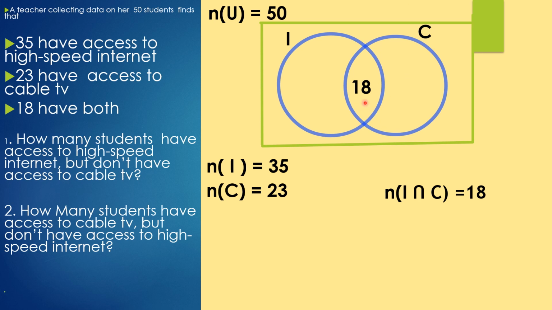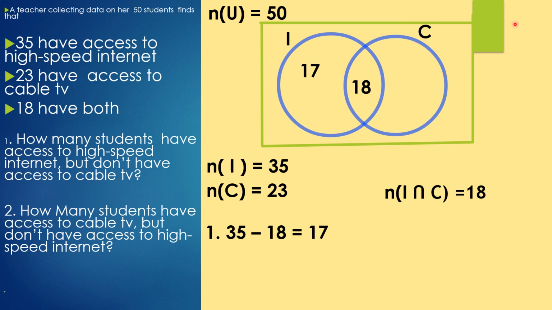So they are not included. Which means, in order to solve that, 35 minus 18 is equal to 17. So that's the answer for question number 1. 17 students have access to high-speed internet but don't have access to cable TV.